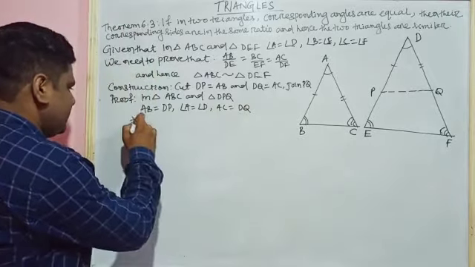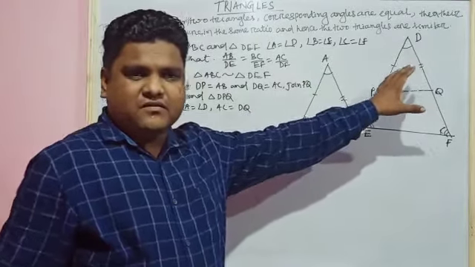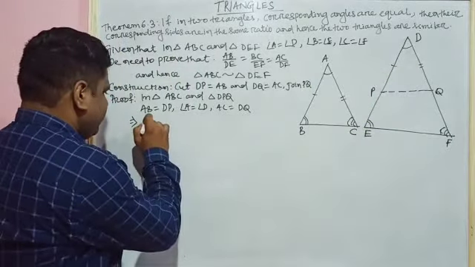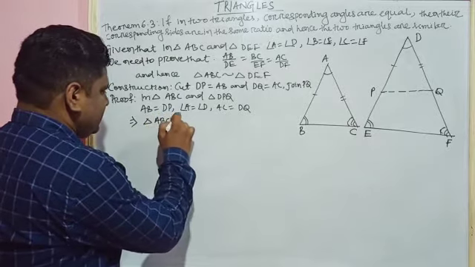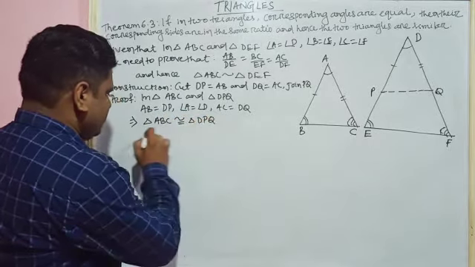This implies that by SAS criteria of congruence of triangles, triangle ABC is congruent to triangle DPQ.